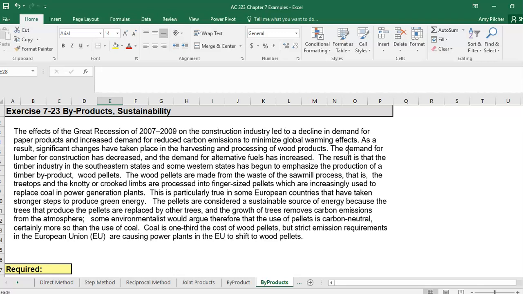So the pellets are considered a sustainable source of energy because the trees that produce the pellets are replaced by other trees, and the growth of trees removes carbon emissions from the atmosphere. Some environmentalists argue that the use of pellets is carbon neutral, more so than the use of coal. Coal is 1/3 the cost of wood pellets, but strict emission requirements in the European Union are causing power plants in the EU to shift to wood pellets.